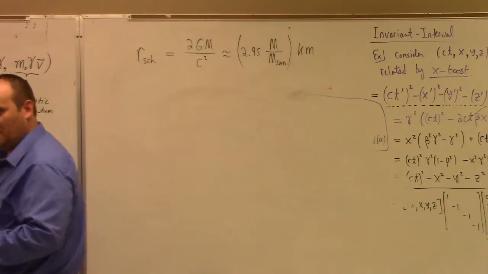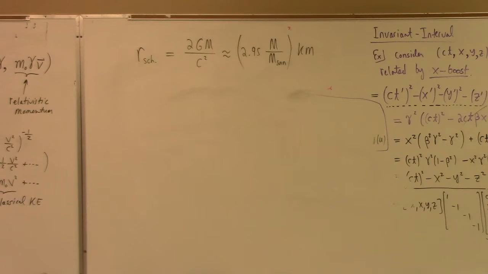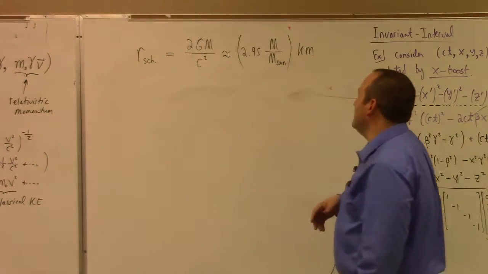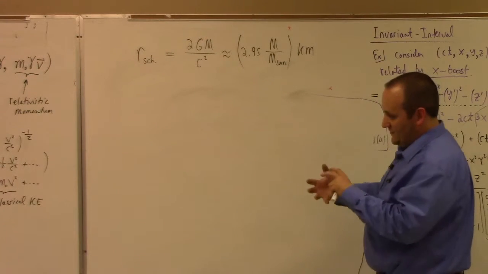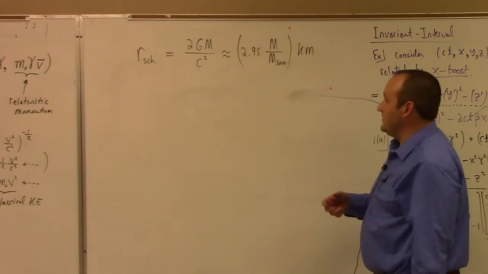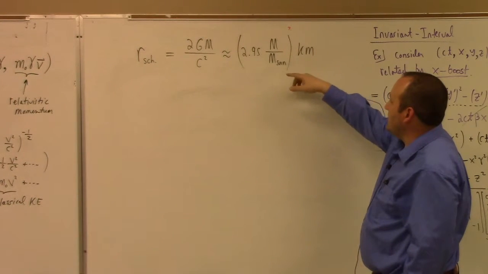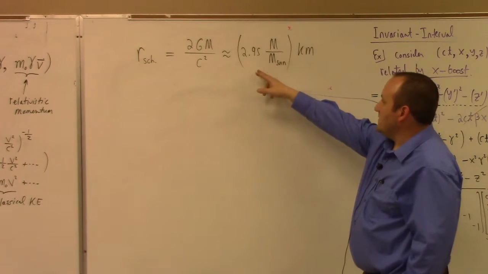So for example, if you were to take the mass of the sun and collapse it so far down that it made a black hole, in other words, it's so dense that even light can't escape it, then your black hole would have a Schwarzschild radius of what?